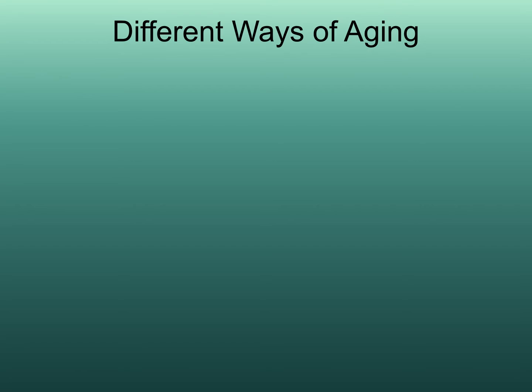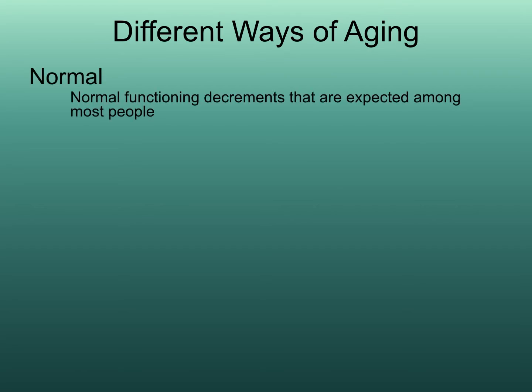I also want to discuss different ways of aging. First is normal, where we start to lose abilities and functioning in what we define as normal stages of loss. We will get older and older, and that's going to affect our bodies and our minds in similar ways.